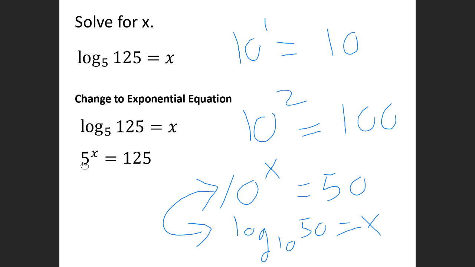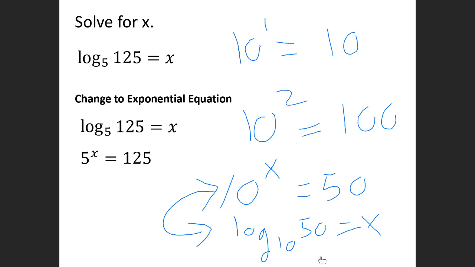The 5 is going to become my base, whatever is on the equation side is going to become my exponent, and whatever was inside the logarithm is what it's going to be equal to. As you can tell here, with log base 10 of 50, the 10 became the base of the logarithm, the 50 went inside the logarithm, and the x, my exponent, is what I'm trying to figure out. Again, you can go back and forth between exponential and logarithm.